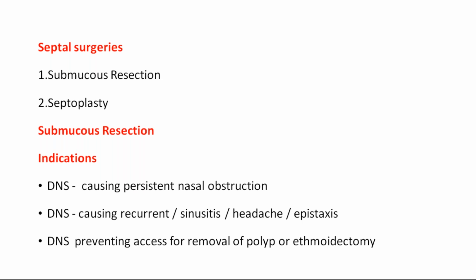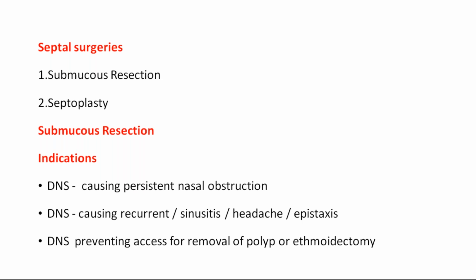What happens is on the left side, you have a relatively spacious nasal cavity. Relatively, because in some cases there will be compensatory hypertrophy of the inferior turbinate, which you can tackle. If you pack the nose with 4% xylocaine and adrenaline, automatically the turbinate will shrink and you will get a good space to maneuver the instruments.